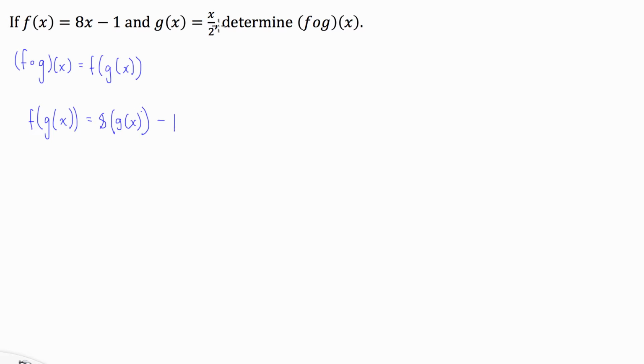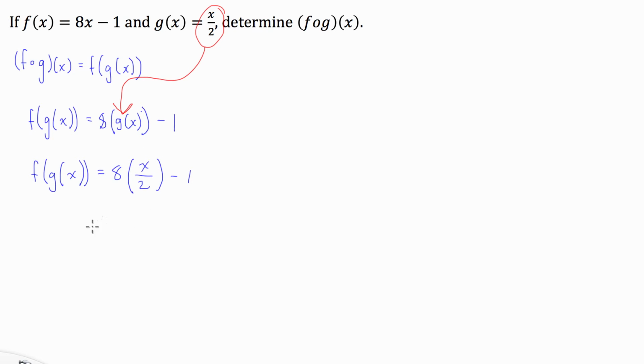So if g of x is equal to x over 2, we're just going to plop that straight in there, and that's going to help us find the final answer, which is going to be equal to 8 times (x over 2) minus 1.